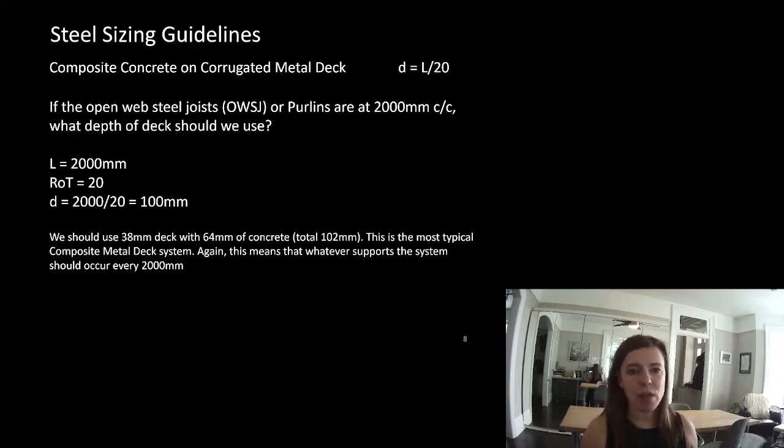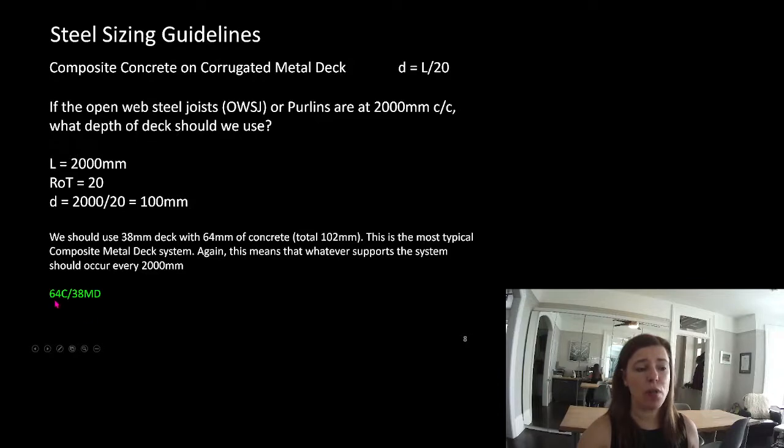We don't know exactly what these loading situations are, but this is where it's important for you to understand what's normal. If you were going to use concrete on metal deck in an industrial storage situation, you intuitively know that maybe these sizing guidelines aren't right, or the spacing of the supports need to change, because these sizing guidelines assume that things are in the realm of normal.